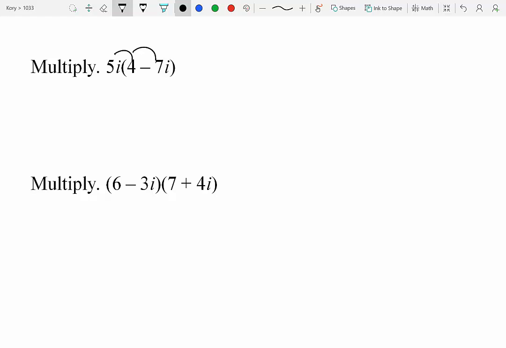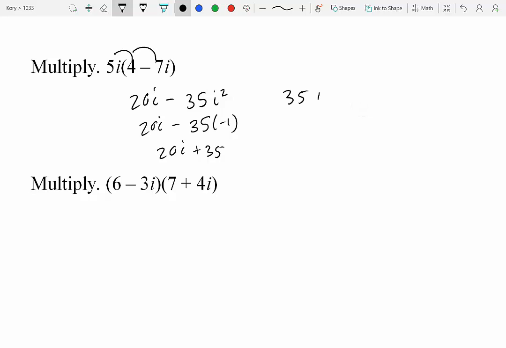So we have 20i minus 7, oh excuse me, forgot to multiply that. 7 times 5 is 35, and then i times i is i squared. So we have 20i minus 35 times -1. Now we have 20i plus 35, but that's not standard form. We need to do 35 plus 20i. The i needs to come second.